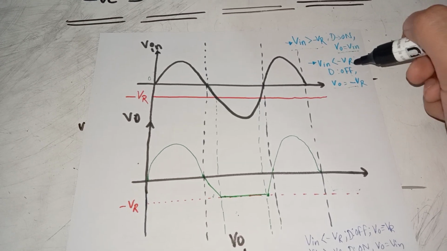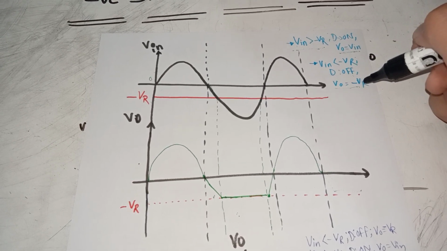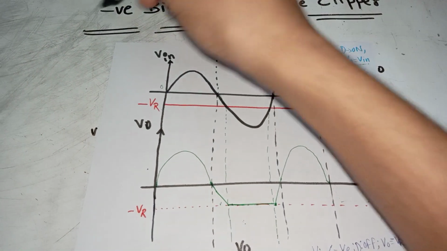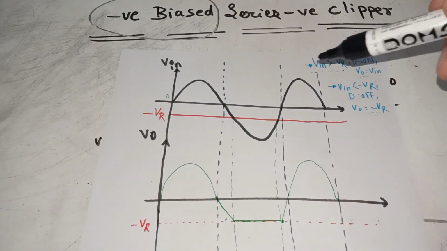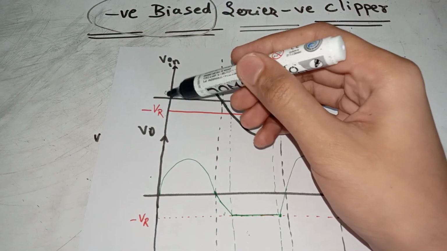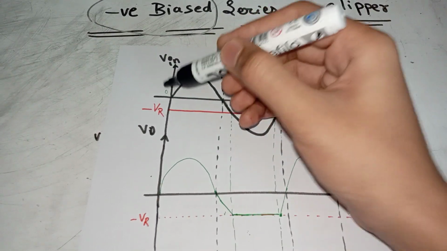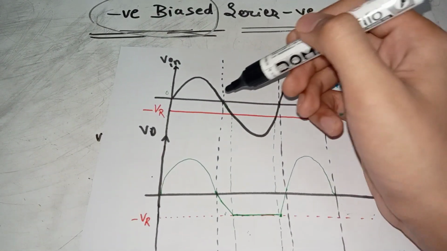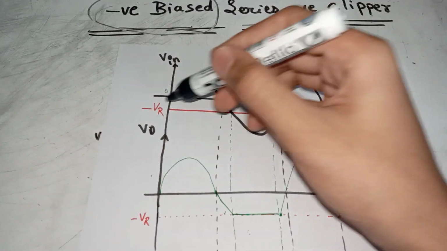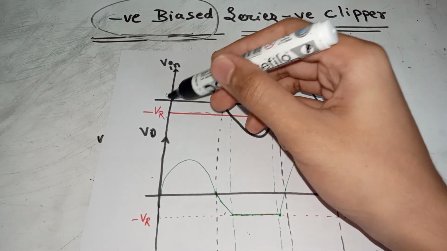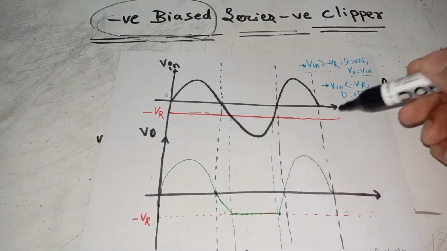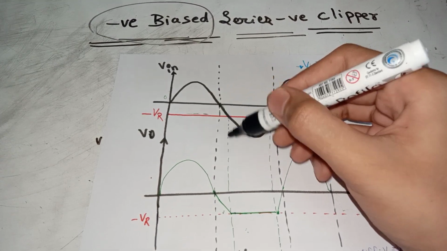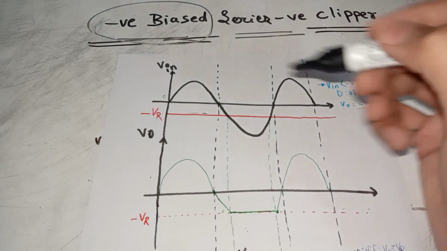And when V in is less than minus VR, the diode is off, and V0 equals minus VR. As we have applied negative bias, we have drawn it below the reference axis. This is 0 volt. So this is minus VR, this is the positive part and this is the negative part. I have drawn vertical lines here, right?